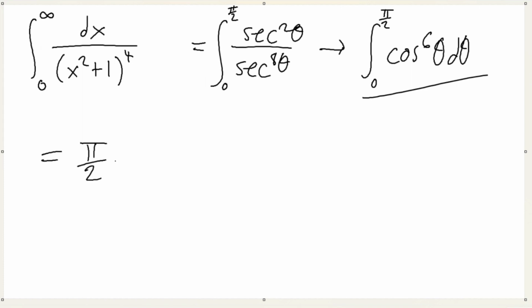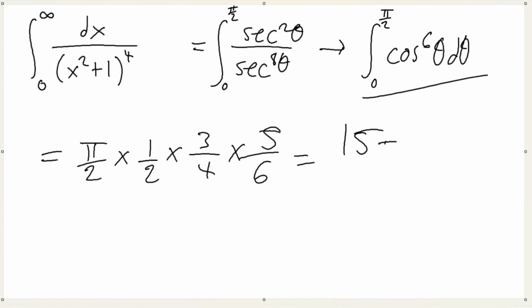Pi over 2 times 3, 4, 5, 6. This is equal to 15 pi over what? This is 8 times 48. Would that be correct? No, that's not 48. No, that's 16 times 6.